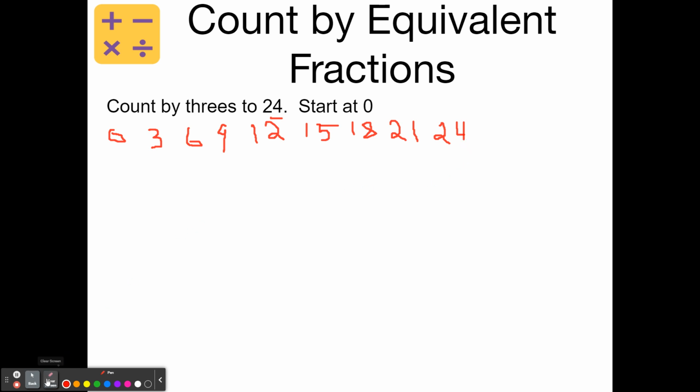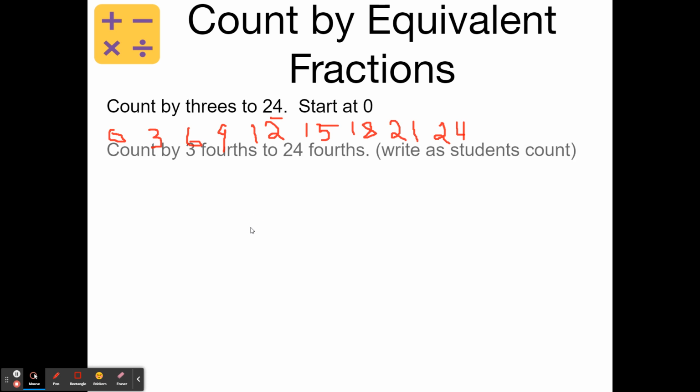All right. The next instruction is to count by 3/4 all the way to 24/4. Again, write this down. I'll start you off, but then I want you to write it down in your notebooks. Make sure that you have completed your work before you check your work with me in the video. Okay, so this time we're starting by counting by 3/4.